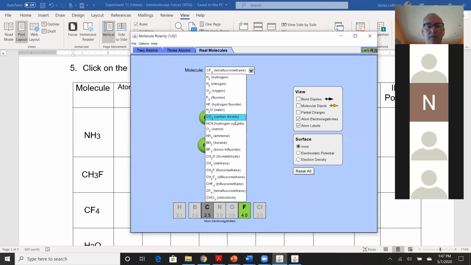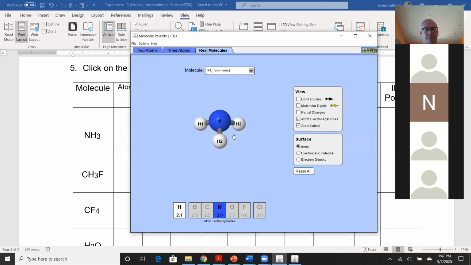Where is ammonia? Here we go. So we've got two different atoms, nitrogen and hydrogen. So those are the atoms we're involved with. Let's look at the electronegativities.